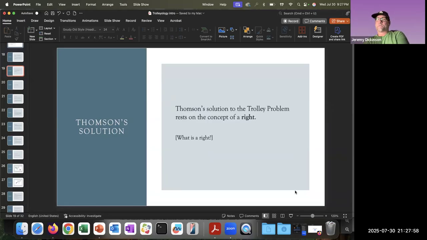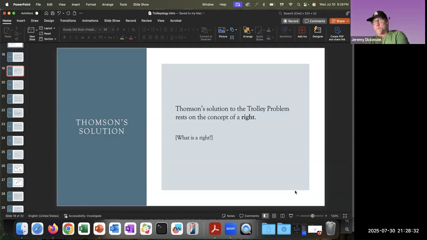So as I briefly mentioned last time, and as you've likely seen from reading the Thomson, Thomson's solution to the trolley problem rests on the concept of a right. When we think about the killing versus letting die distinction, that doesn't explicitly invoke a notion of rights, although there might be a notion of rights in the background, or intimately connected to the killing versus letting die distinction.